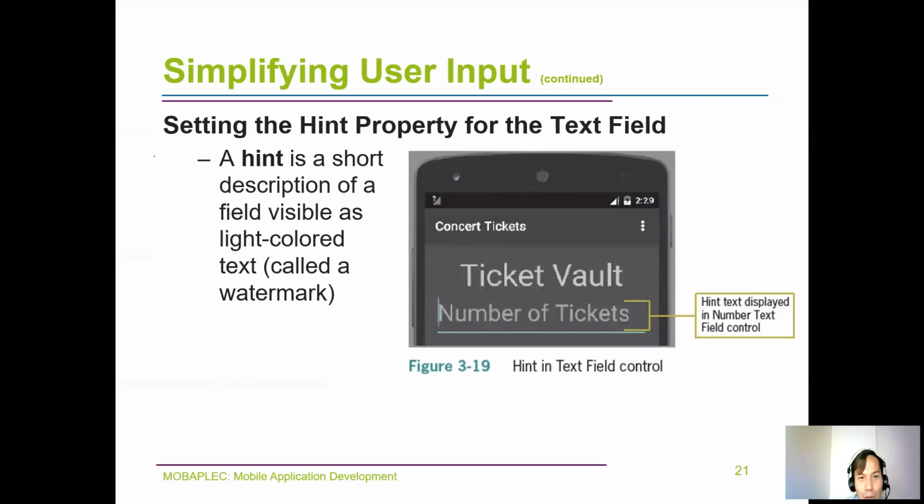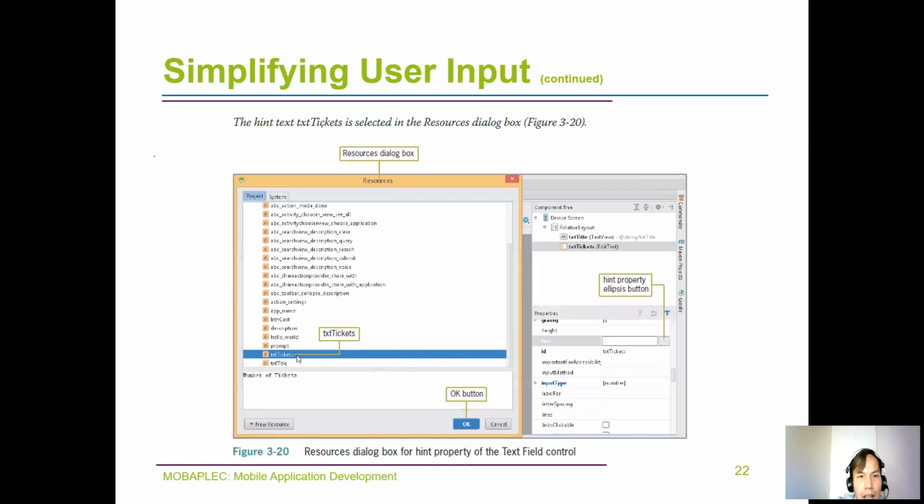Take note the word hint. Then after the hint, now we go through the text as text ticket. So as showed here in figure 3-20, resources dialog box for hint property. So this one the hint.